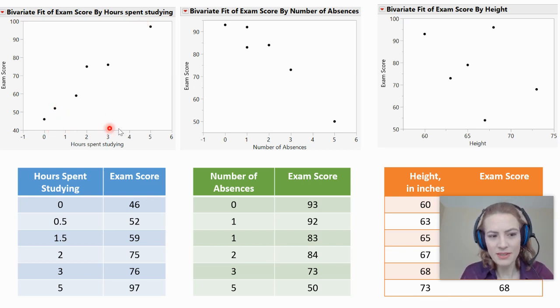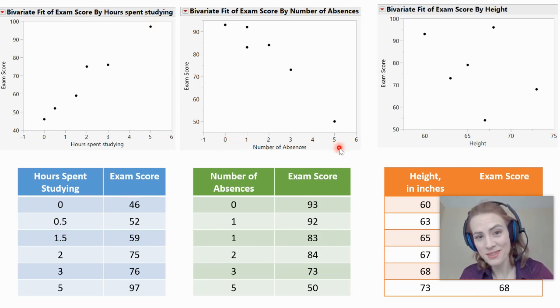So it seems that as the hours spent studying increase, the exam score tends to increase. As I predicted, over on our number of absences, as the number of absences increases, it looks like there's a pretty clear linear trend that the exam score goes down. And then over here with height, there's just a whole lot of random scatter. There doesn't seem to be any clear linear trend here.